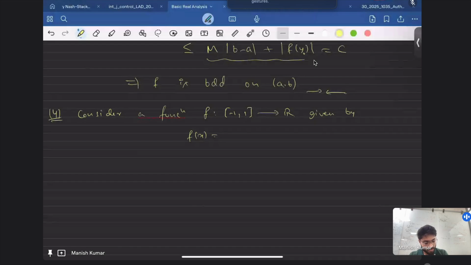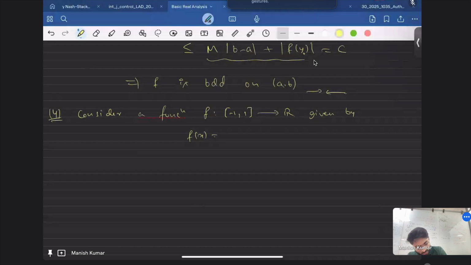If I'm defining it on A and B, then f(A) and f(B) are fixed values, real numbers. F is defined on the closed interval AB, so that will anyway be a fixed value. So it follows from here itself.